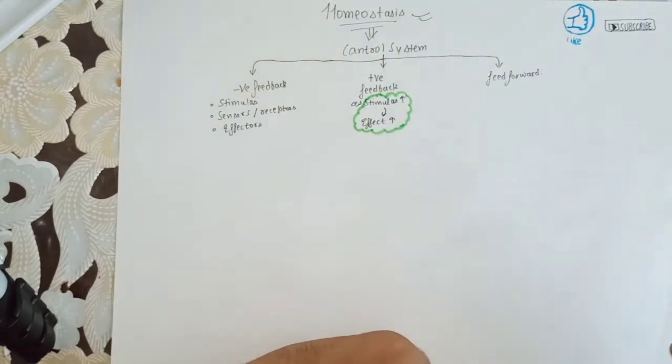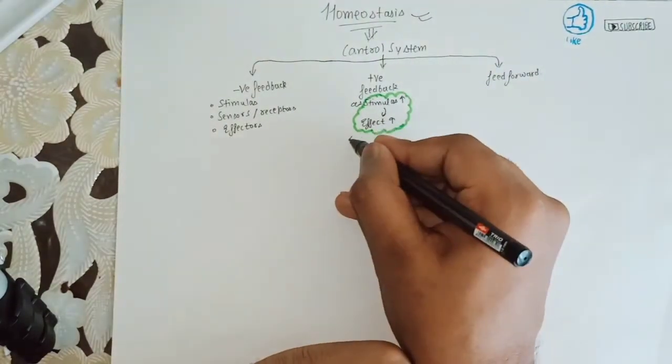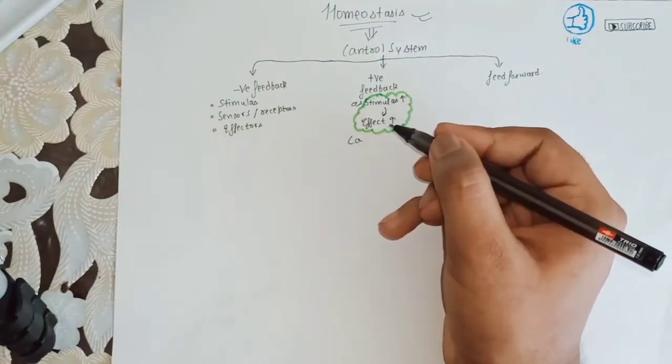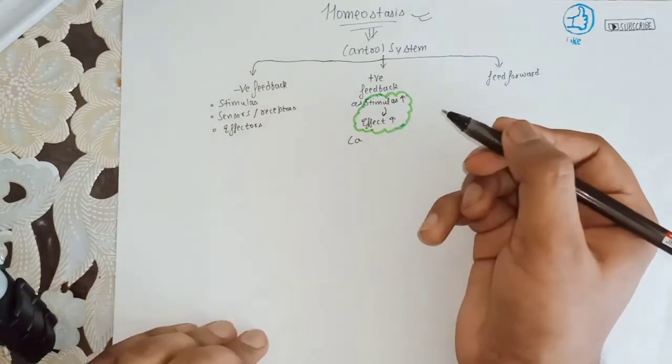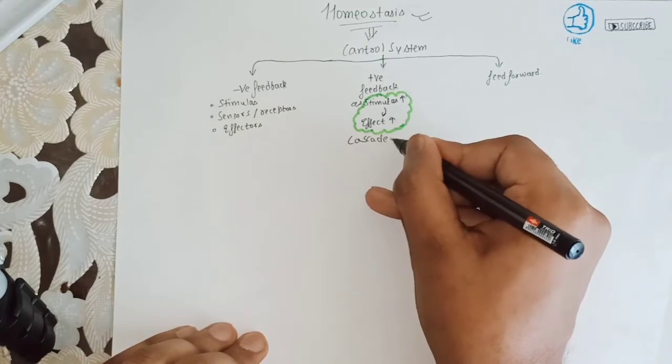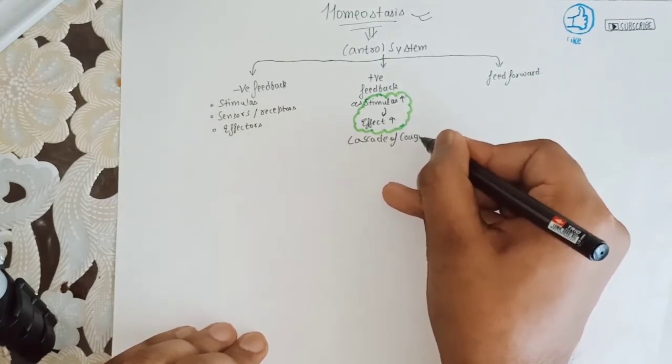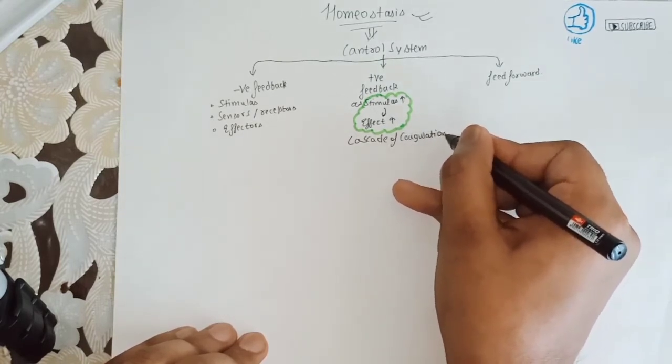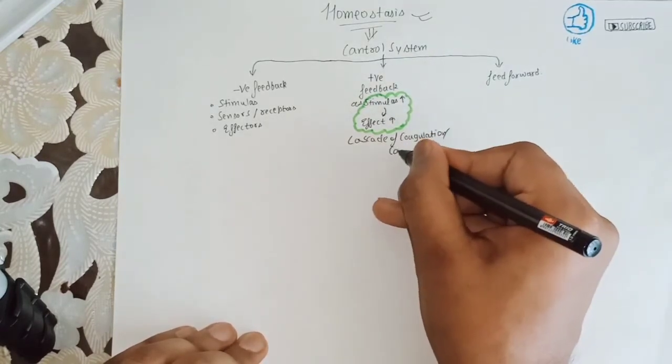Such as in the coagulation cascade. In the coagulation cascade, as you all know, one factor will promote another factor to come and bind. So cascade of coagulation, or coagulation cascade.